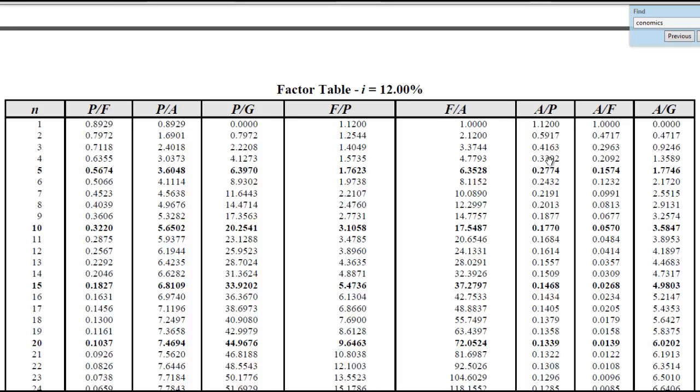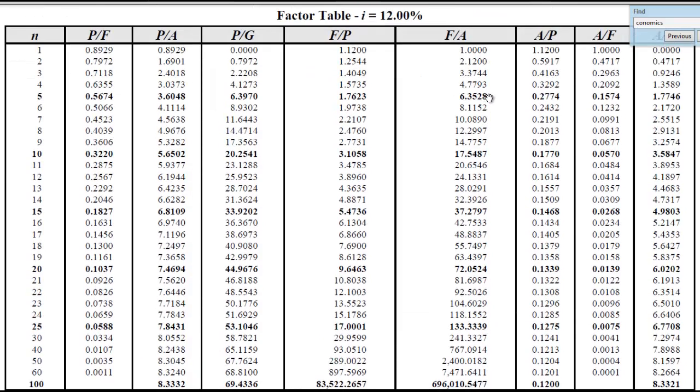In the exam, they typically give you an I that's in the table. But if you don't have an I that's there, what you do is use linear interpolation. Because your I is 12% here, let's go to the next one, and remember this is 0.32.